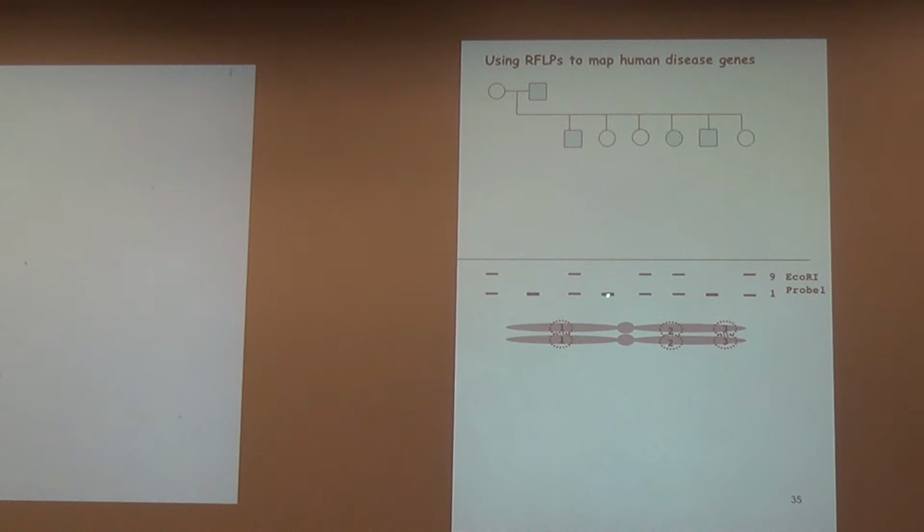This individual is 1,1 homozygous, this female, but she's not affected. So it's unlikely that this RFLP locus, the 1 kb fragment, is linked to the mutant gene. Correct? Because it's not correlated. It's not going exactly the way the mutant gene does. It's segregating away from it. So it's likely that the mutant gene does not reside at or near this locus 1.